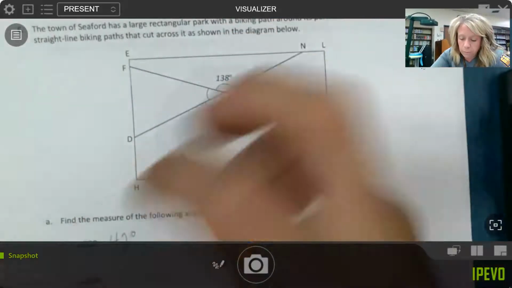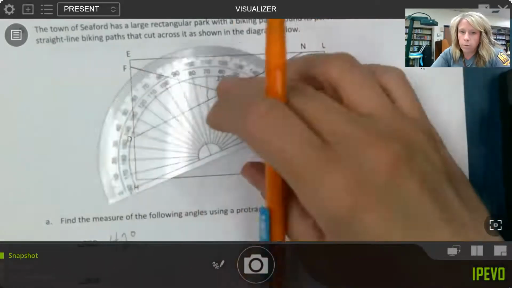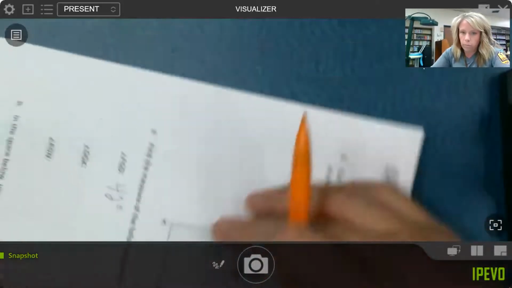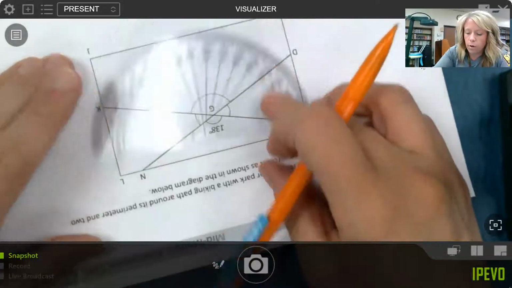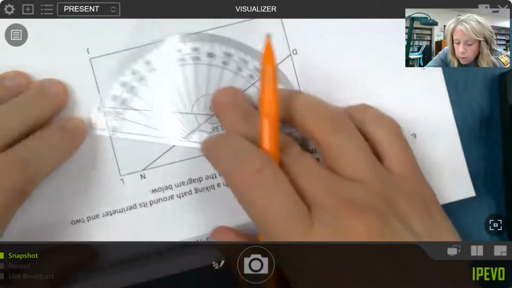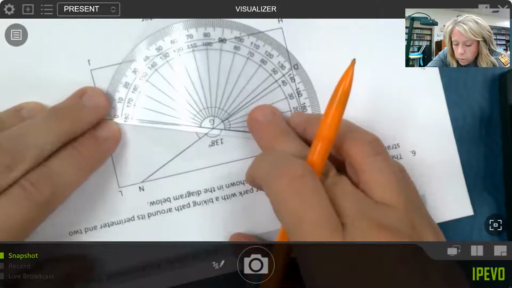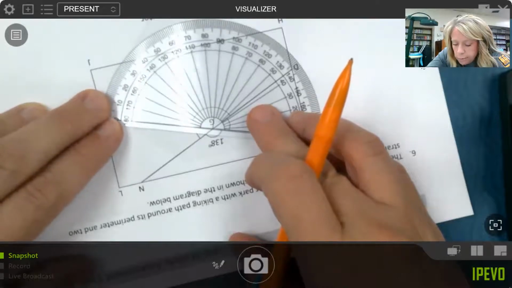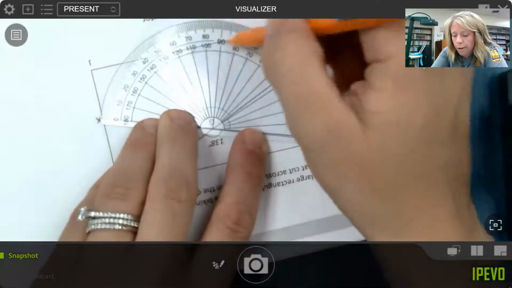Angle DGK. Turn my paper and all around, make it easier for myself. So I'm going D to G to K. I'm going to line it up with my vertex and 0. I'm using my top numbers to go the whole way around.